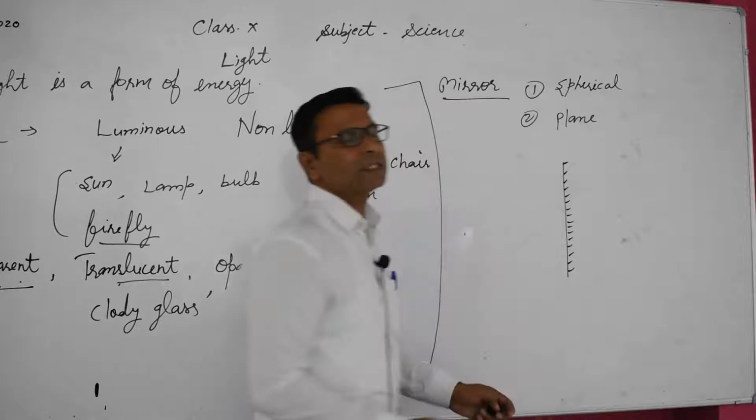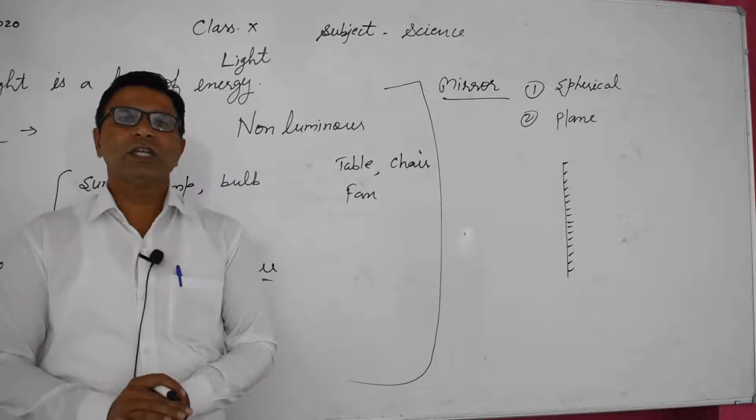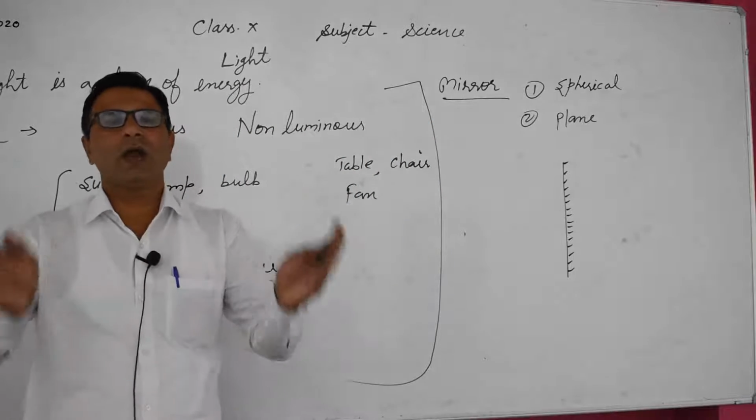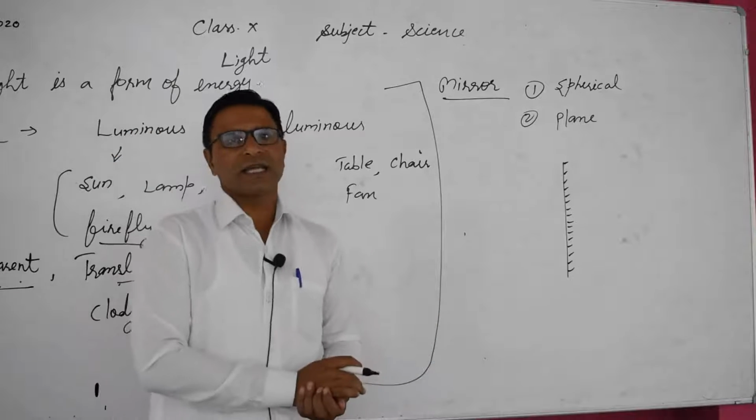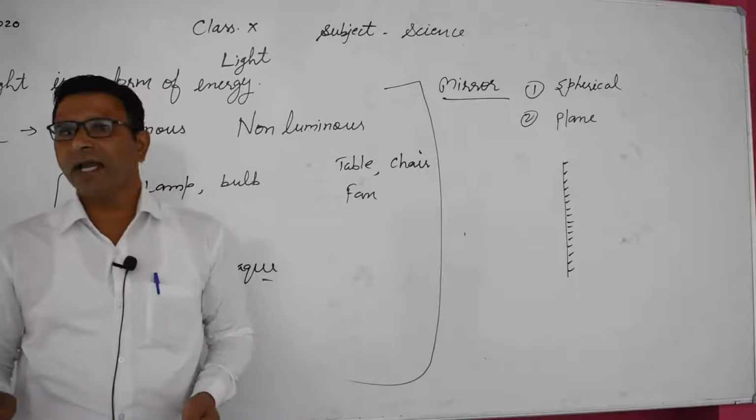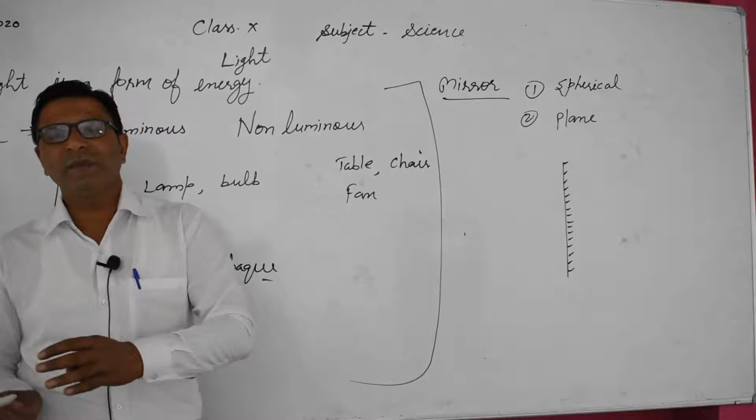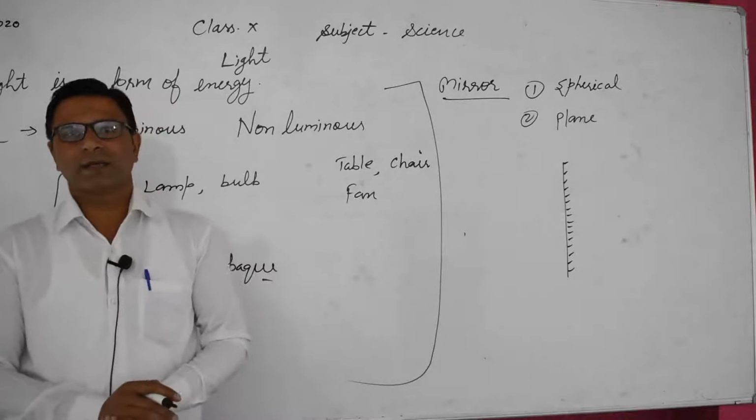In this mirror you can see your image according to your height, that is, according to your size. If your height is 5 feet, your image will be 5 feet.